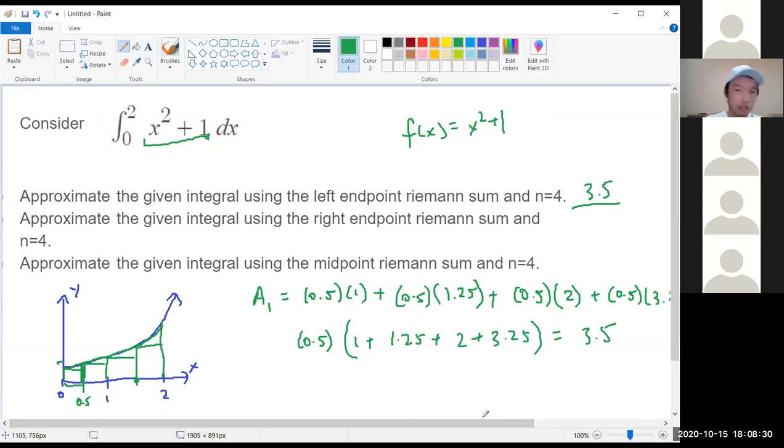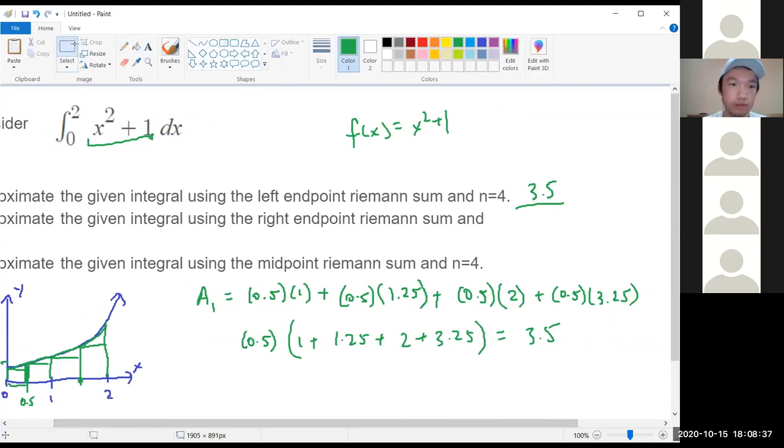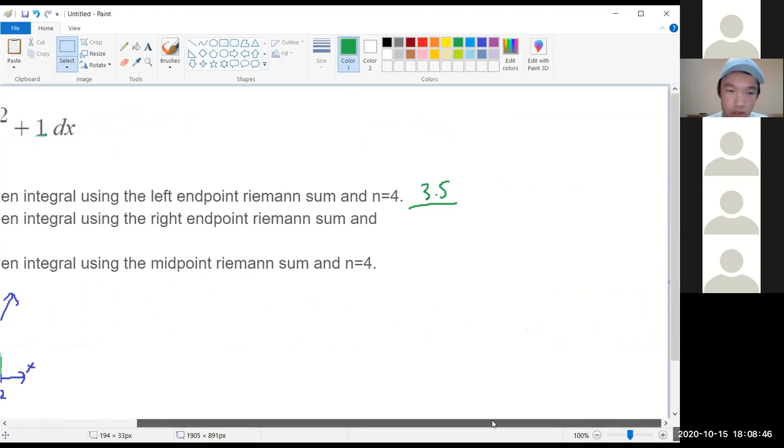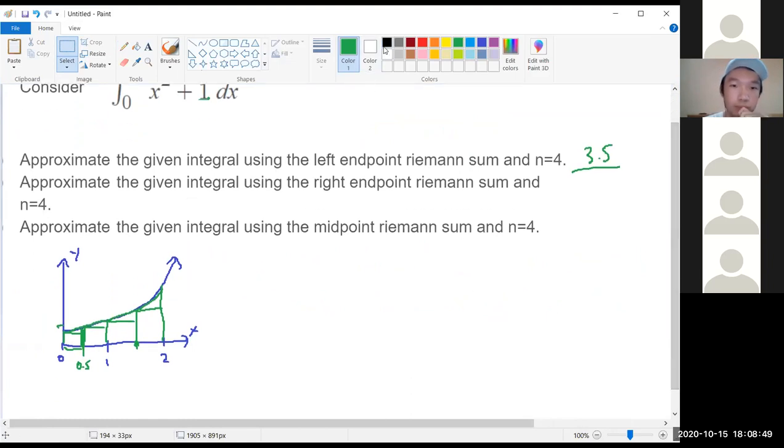Okay, then let's go to the right endpoint. So we're still using 4 rectangles.